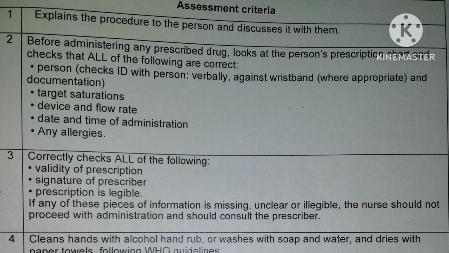Check all of the following: validity of prescription, signature of prescriber, and that the prescription is legible. If any of this information is missing, unclear or illegible, the nurse should not proceed with administration and should consult the prescriber. So we should check all of it and inform them the prescription is valid because all these things are present.